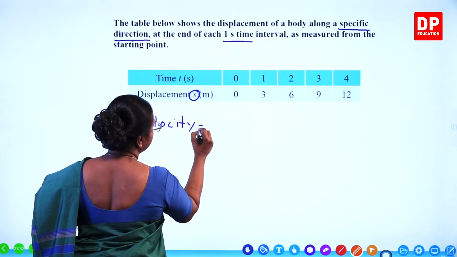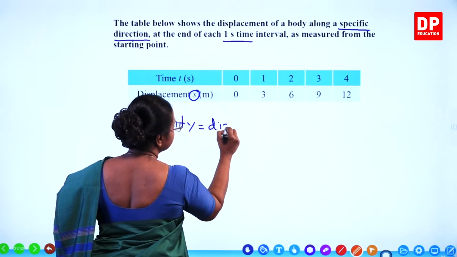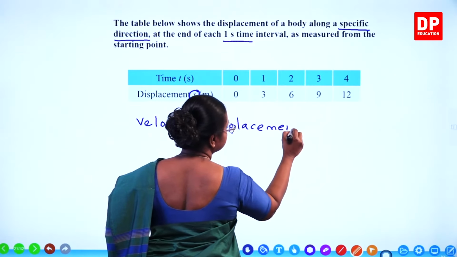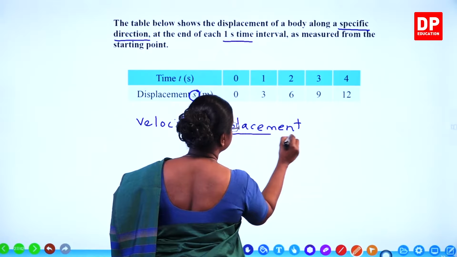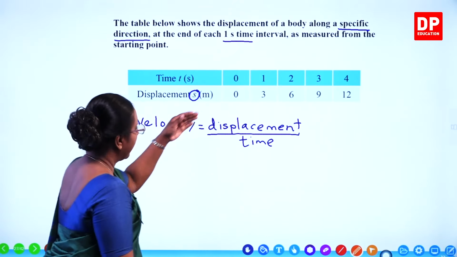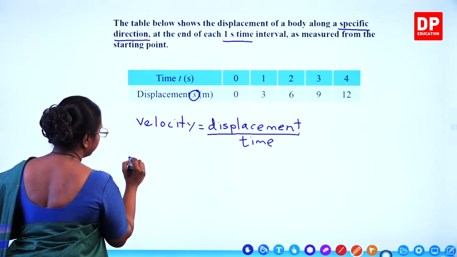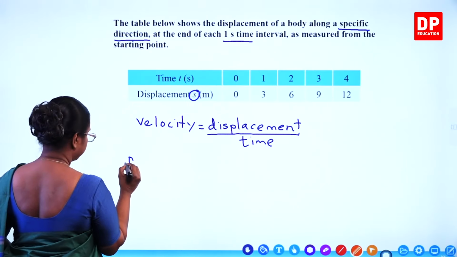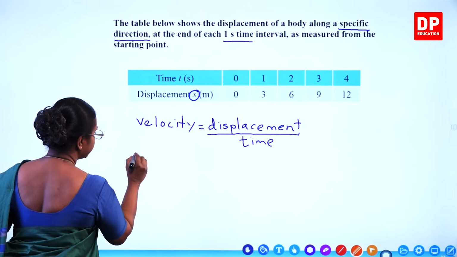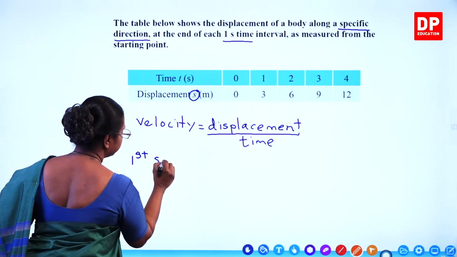So if we are to calculate velocity, we will write velocity equals displacement over time at the end of the first second.